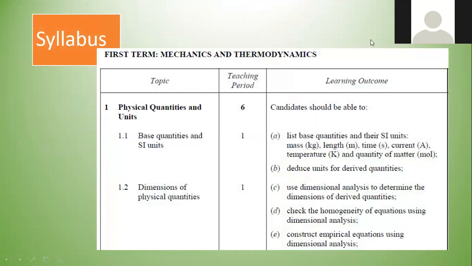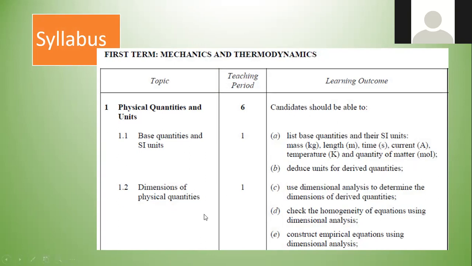Under physical quantities, base quantities, and SI units, you are supposed to list base quantities and their SI units: mass, kilogram; length is meter; time, second; current is ampere; temperature, Kelvin; quantity of matter, mole; and deduce units for derived quantities.